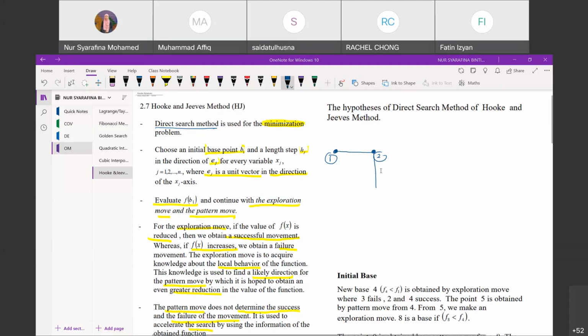When the function value is reduced, then we say that it is a success movement. Otherwise, it is a failure.